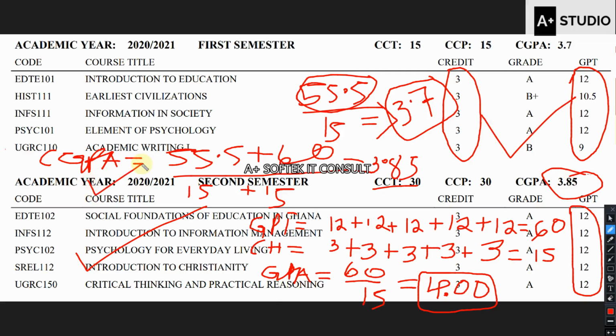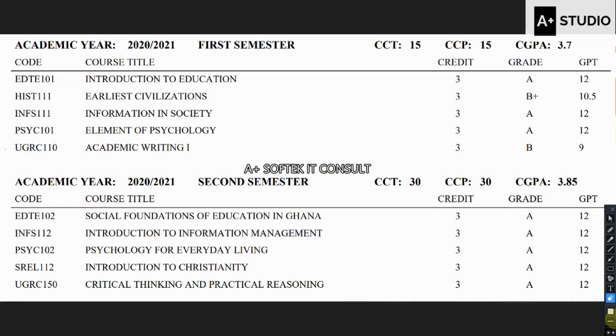of Cape Coast. What about the FGPA? FGPA is quite simple. At the University of Cape Coast, it is not complicated, or it is not having any special kind of calculation like the University of Ghana. The FGPA is just an accumulation of the 8 semesters.